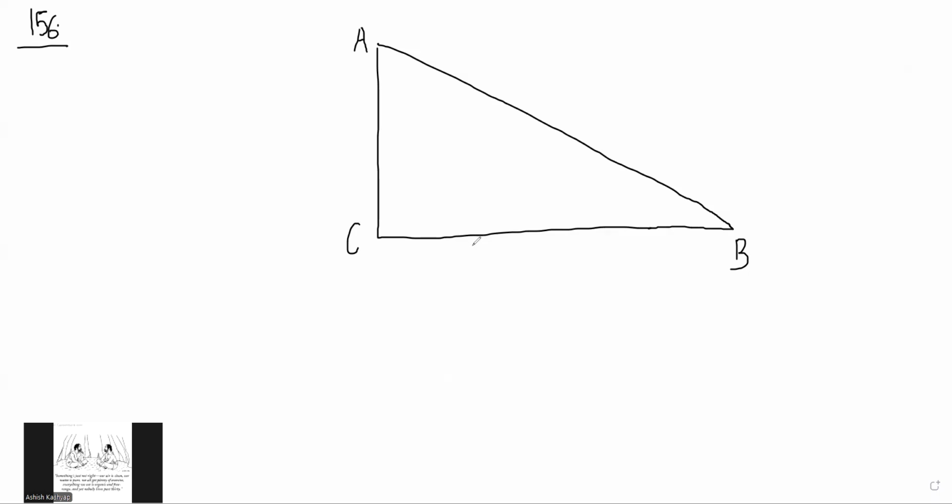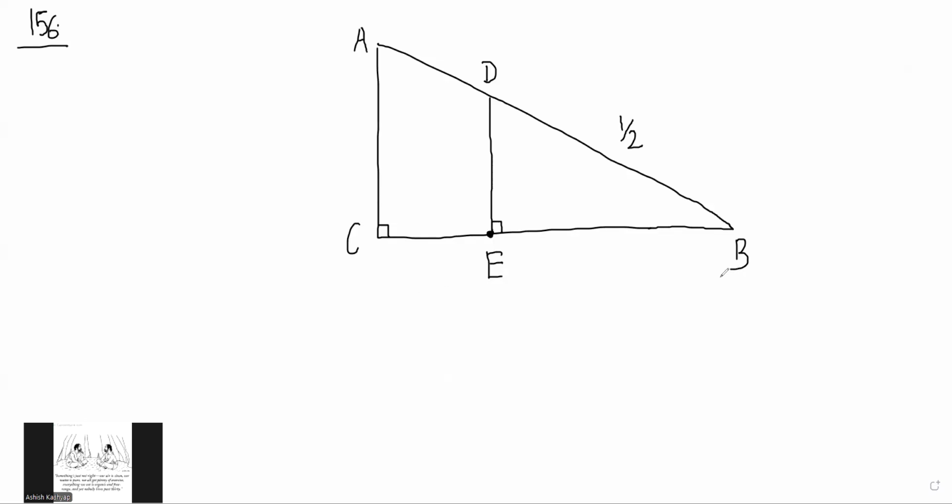So somewhere here, let's say, and D is on AB such that DE is perpendicular to BC. So we have to drop a perpendicular like this. This is D. And it is given that DE plus BC is equal to 1, and BD is half.